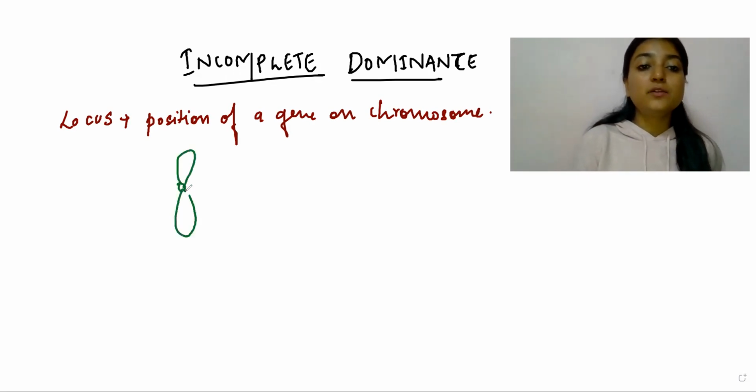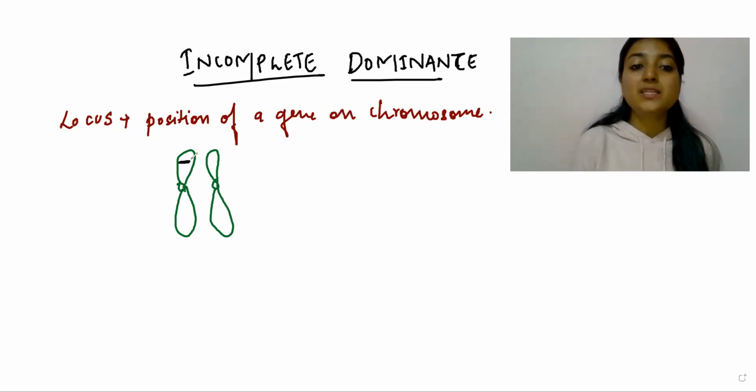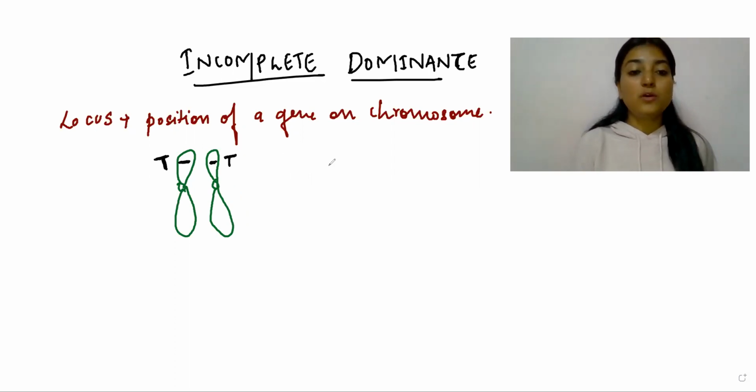Suppose we take a homologous pair of chromosomes. Here, a particular gene is present on the chromosome. Suppose it is responsible for the character of stem length, that is tall. It can be tall here also, the dominant form of stem length.